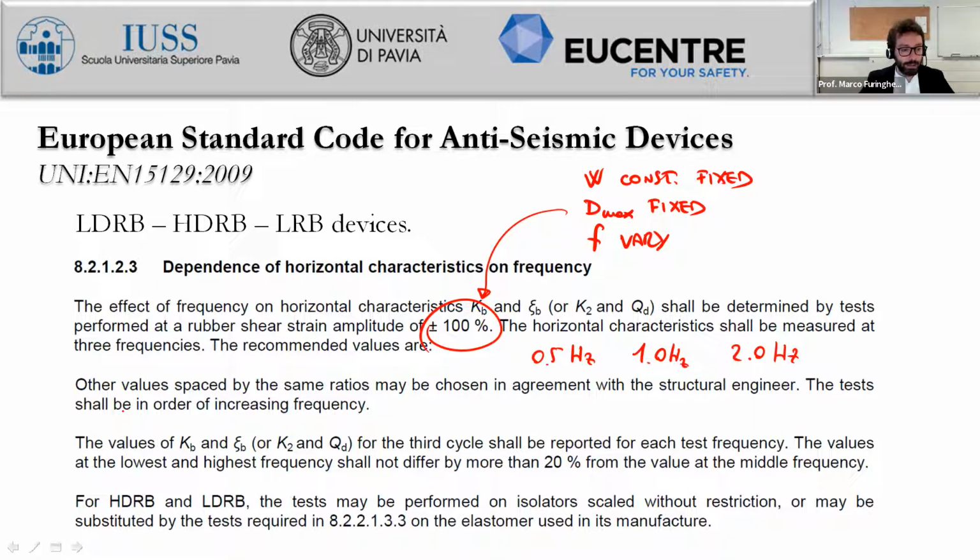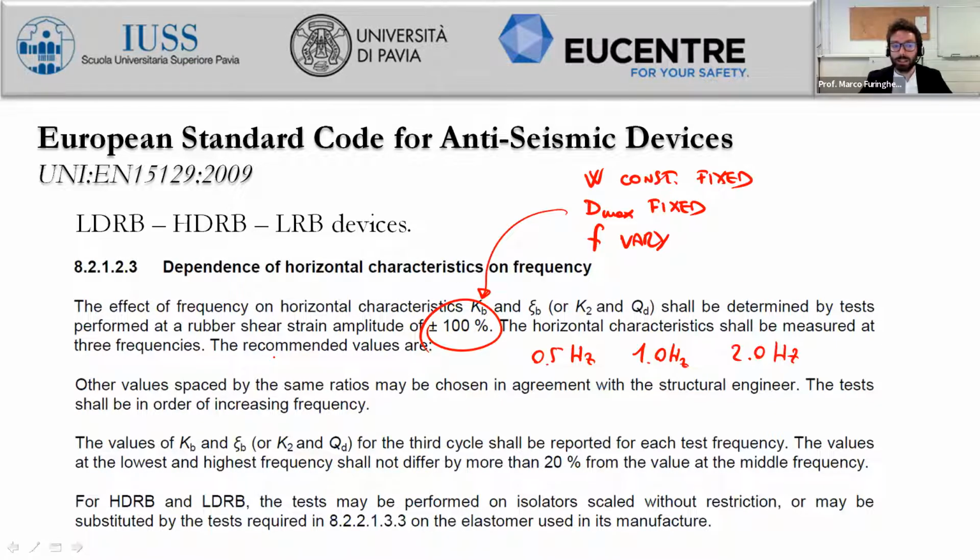And you see other values spaced by the same ratios may be chosen in agreement with the structural engineer, and so on. So you see there is no more than 20% with respect to the middle frequency, and then there are some restrictions for the scale procedures, but nothing important. Okay, this is another test.